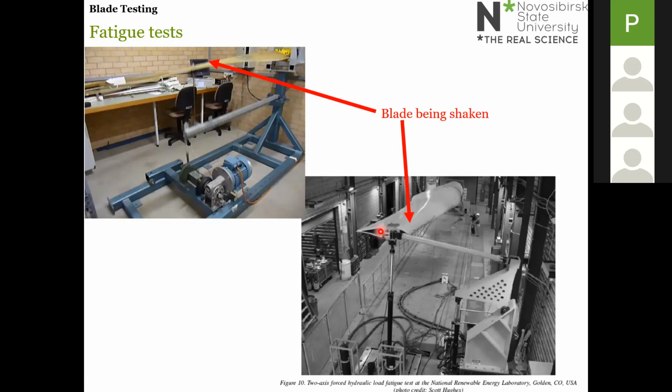And basically what happens is that the blade is shaken up and down, with known loads at known frequencies. The loads and the frequencies can be varied, although they tend not to be for large turbines, to mimic the forces that the turbine blade will see in a 20-year lifetime of the blade.